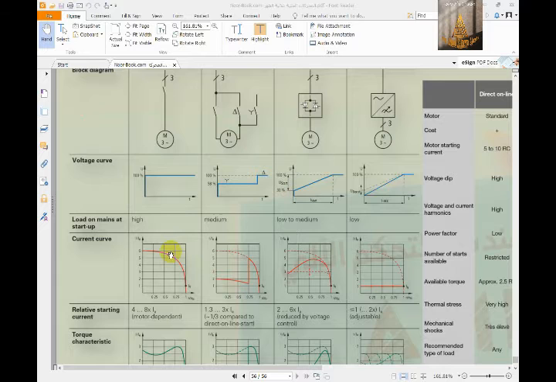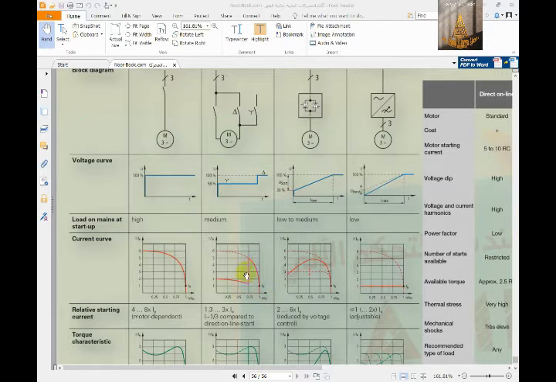When you look at the star delta system, you will find the current is very low when you're starting. It's just 2 or 3 maybe. It's very low compared with the direct connection. At this point the connection type changes from star to delta, then the delta takes the full current softly.